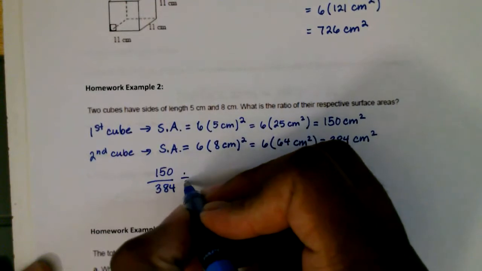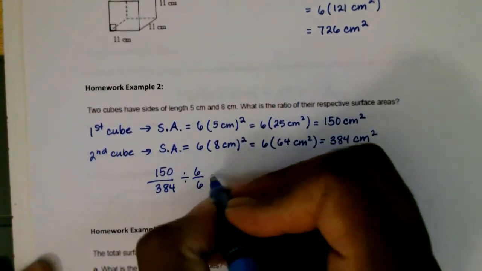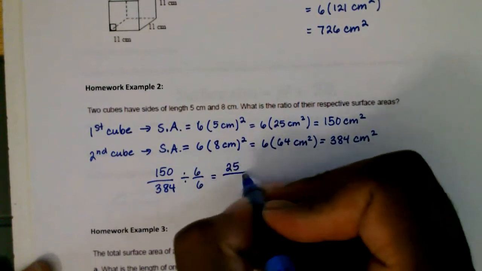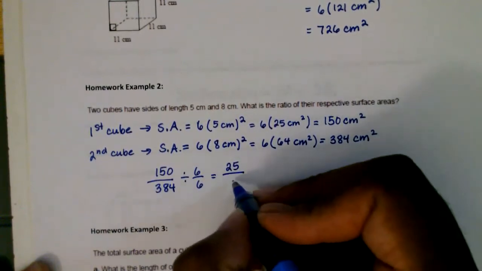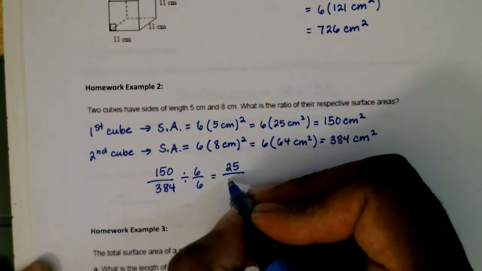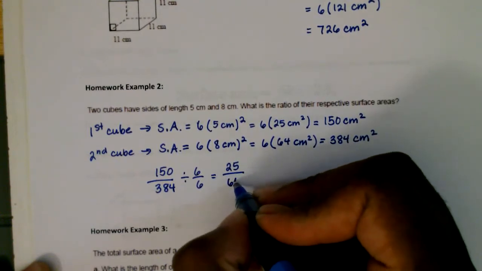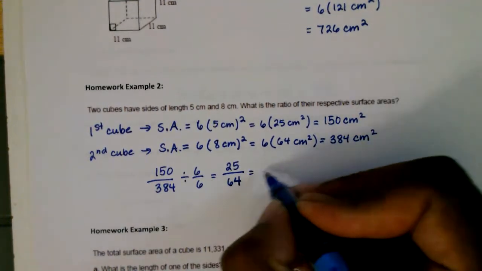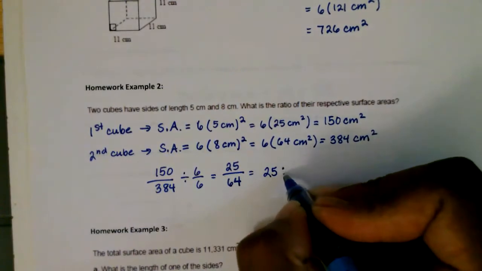Now we'll divide the numerator by 6 and the denominator by 6. So that means this will be 25 over, 6 into 384 would go 64. So that ratio in this case would be 25 to 64.